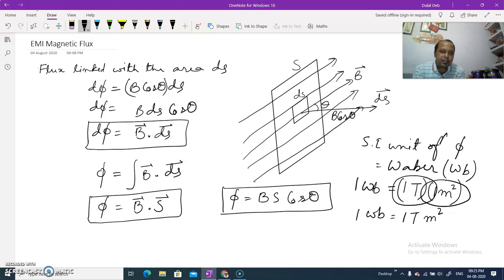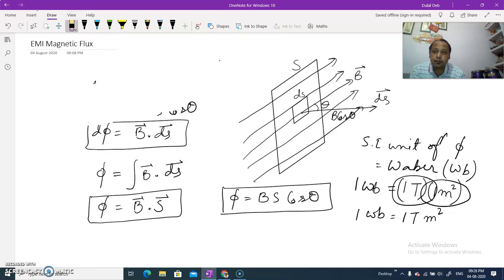Okay, so Weber is the SI unit of magnetic flux. Now if Weber is the SI unit of magnetic flux, then we should know the CGS unit also.